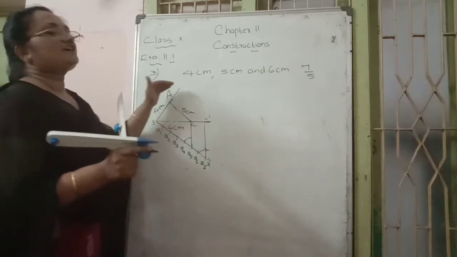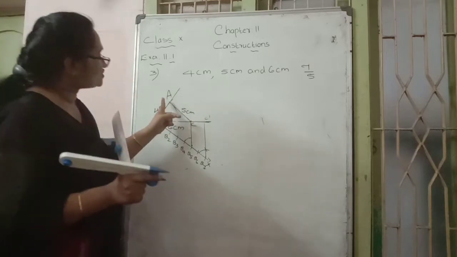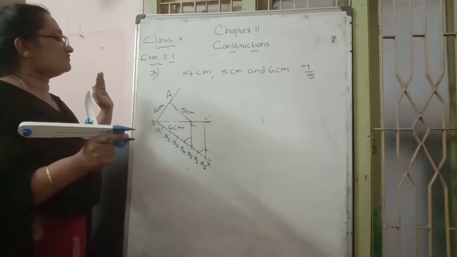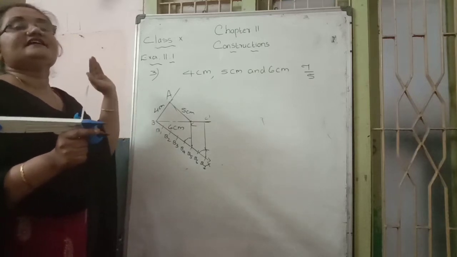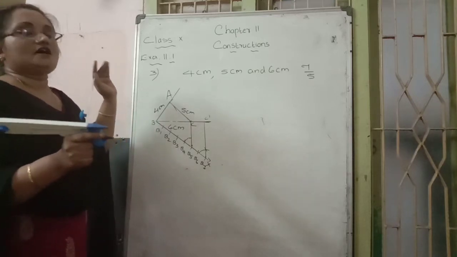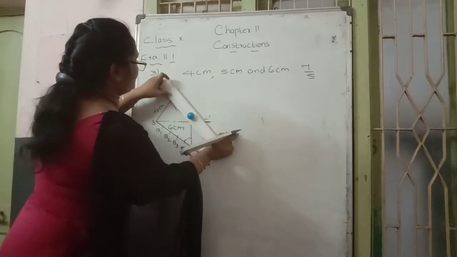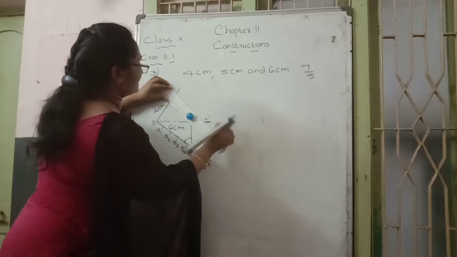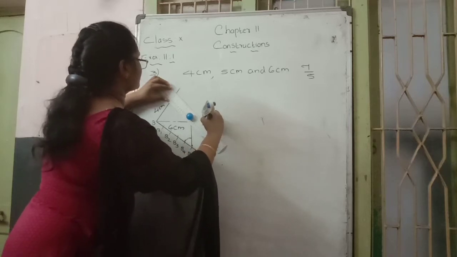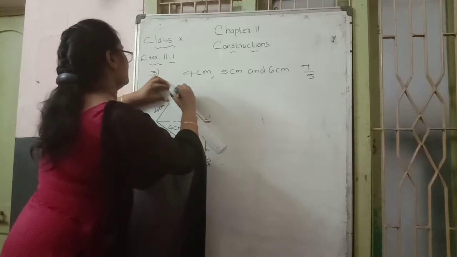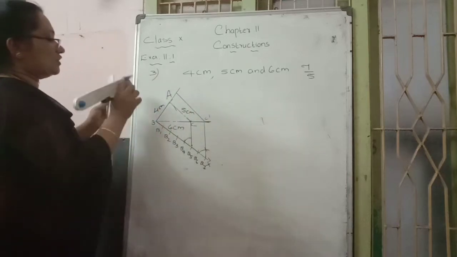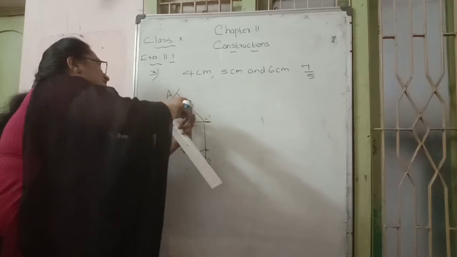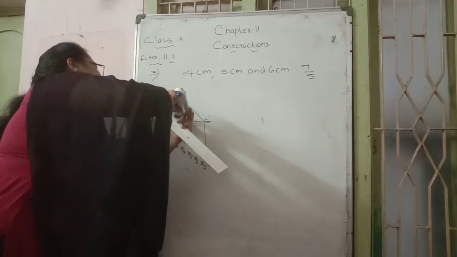Same process for the original triangle: side AC also, draw a parallel line. In which way can we draw the parallel line? Direct method, or arc construction. Direct method means adjust your scale and draw the parallel line like this. Otherwise, arc case: take C as center, draw an arc with no measurement.